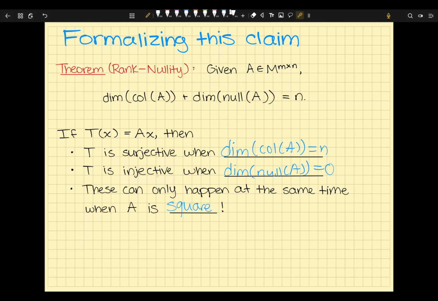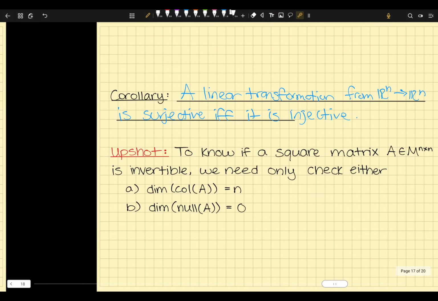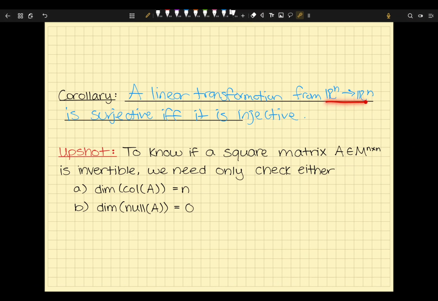And conversely, if T is injective, then by the rank nullity theorem, it is necessarily surjective. So then, a linear transformation from Rn to Rn is surjective if and only if it is injective. So this is kind of powerful now.